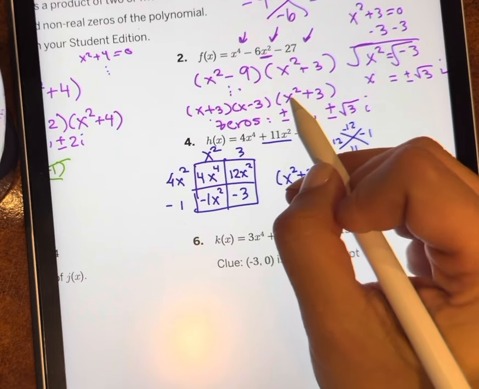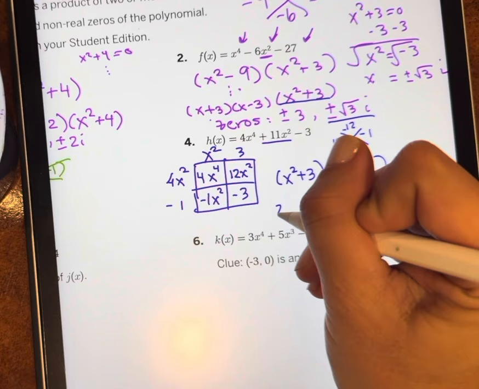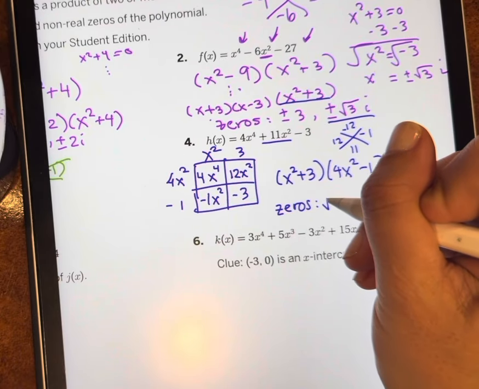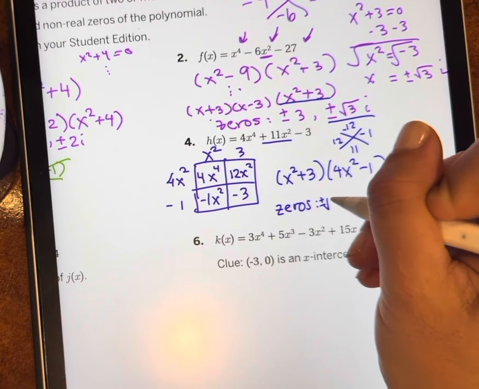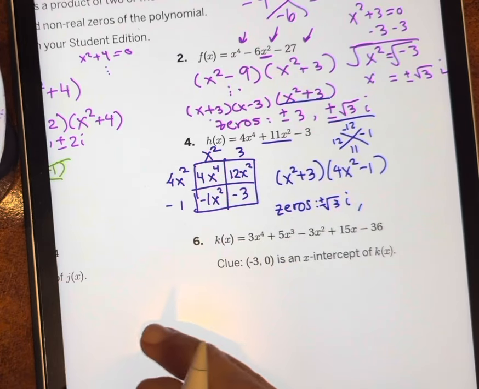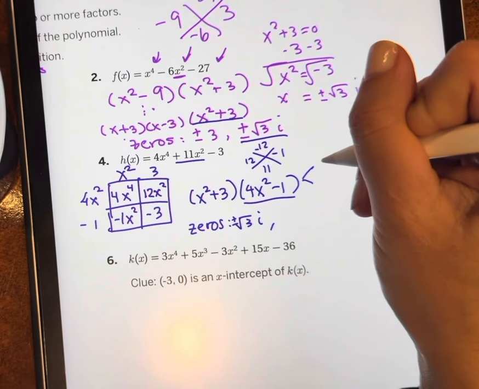Because we already did x squared plus 3 earlier, and it gave us those two zeros. So we have plus or minus radical 3i. And then we have this, which factors into, it's a difference of squares.